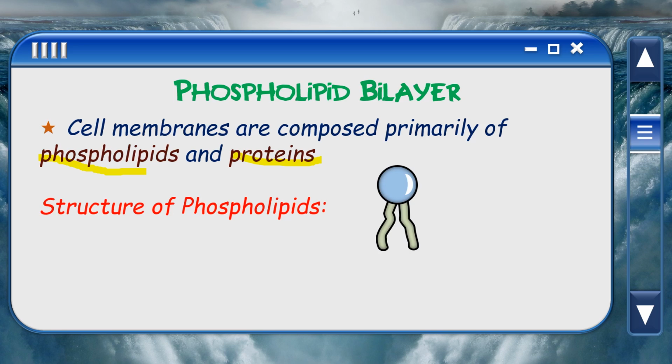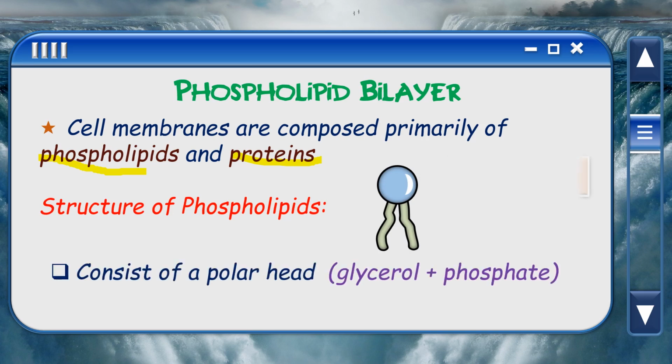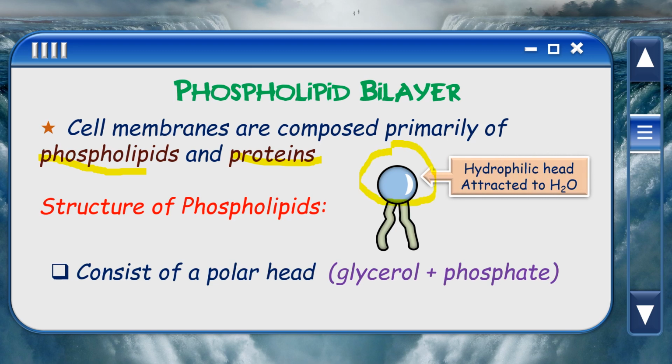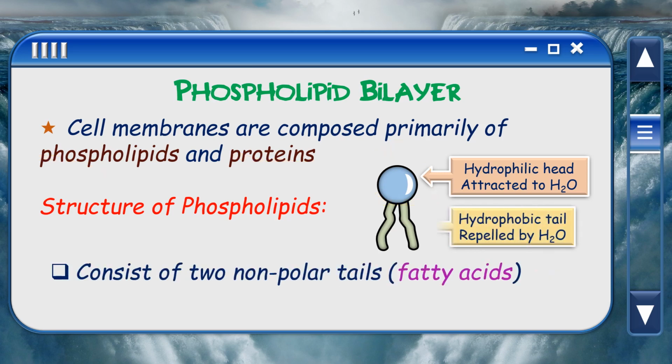If you look at the structure of the phospholipid, it consists of the hydrophilic head and the hydrophobic tails. The hydrophilic head on top is attracted to water, and the hydrophobic tail is repelled by water.